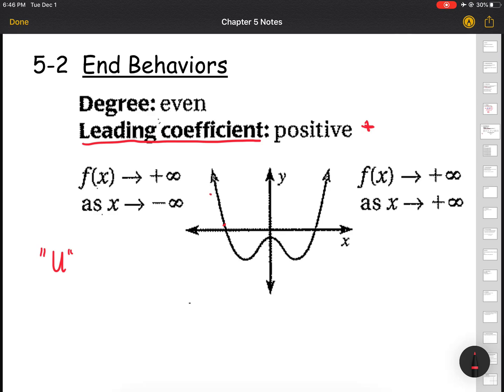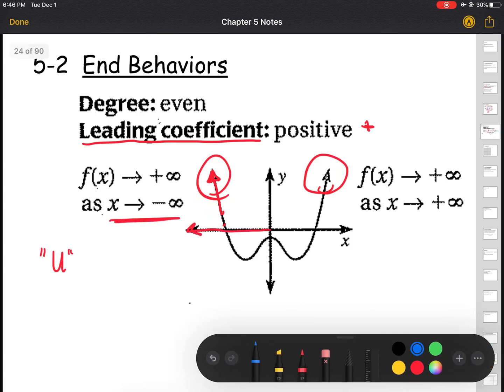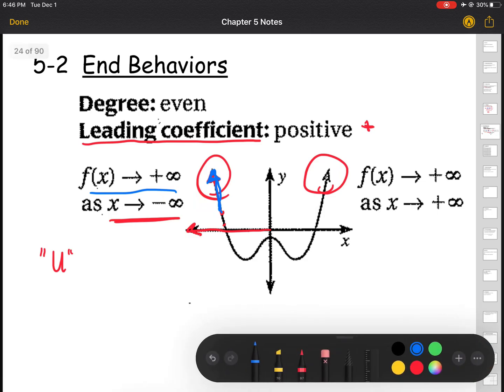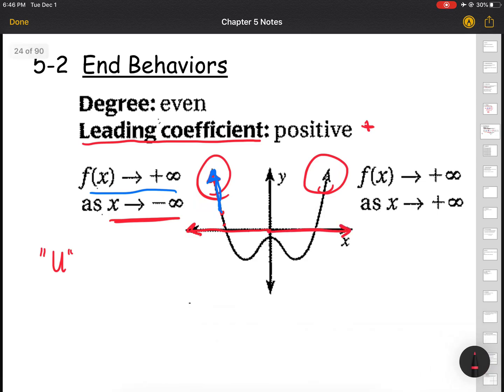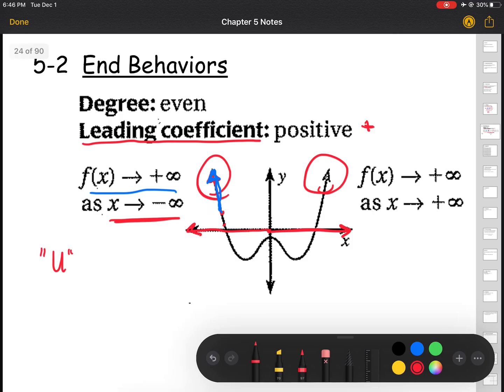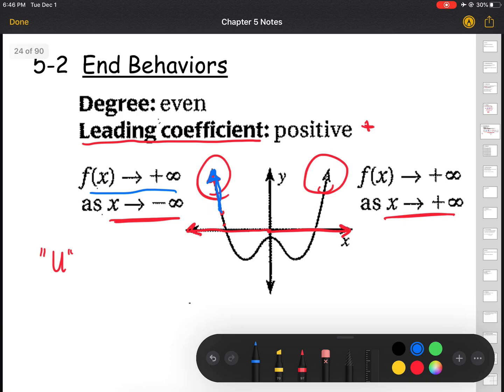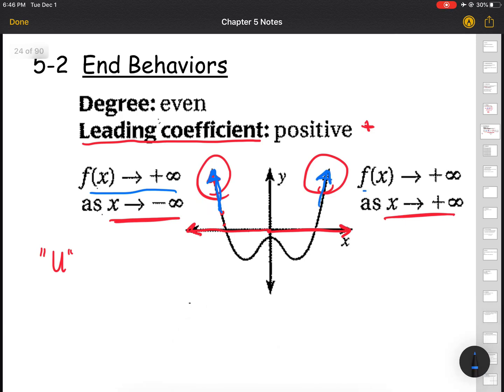And if I look at my end behavior here, as x goes this way, then my polynomial f of x is going up infinity forever and ever. And as x goes positively infinity forever and ever, then my graph is also still going up because it's a U-shaped graph. So my polynomial f of x is going up infinity forever and ever positively.